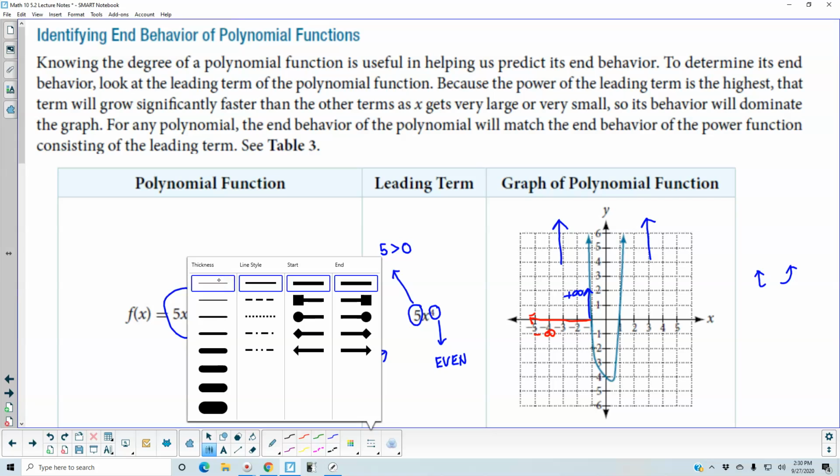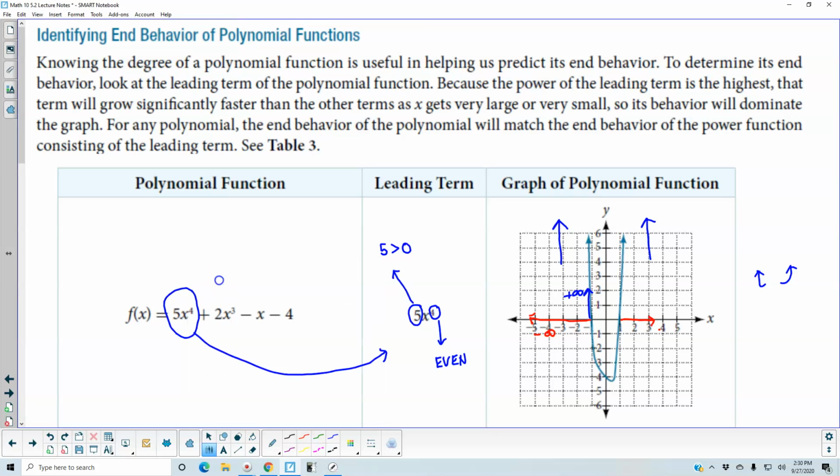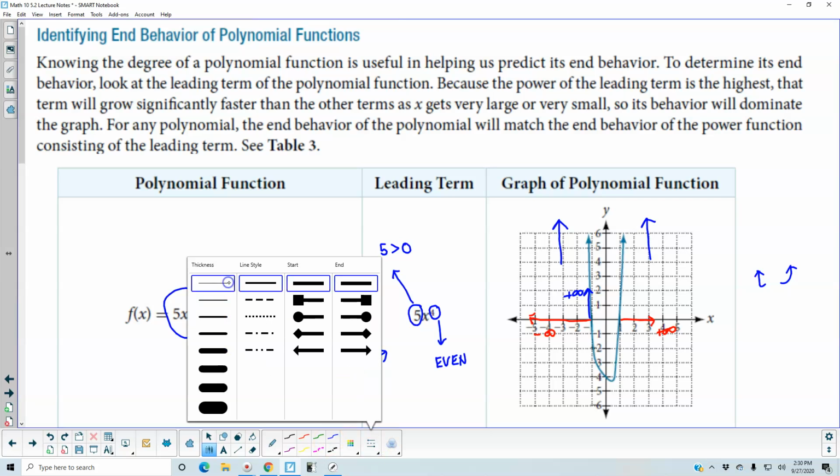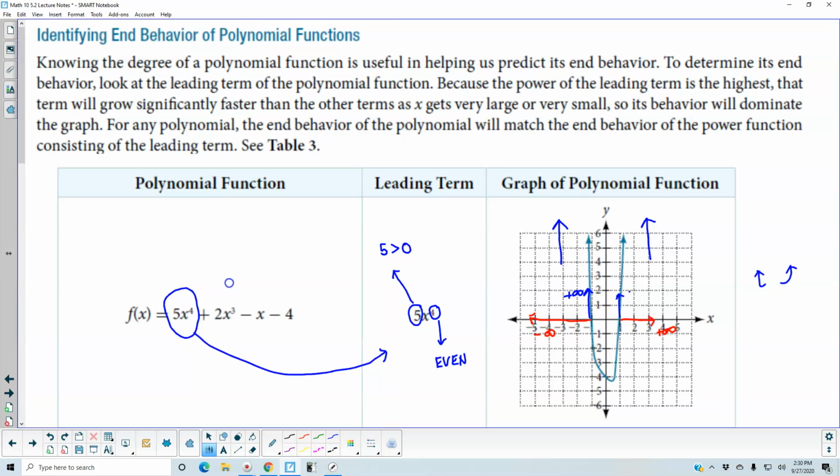And then on the right side, as x is approaching positive infinity, we can see that the graph, again, is approaching positive infinity. So the end behavior on both sides of the graph are both with arrows up.